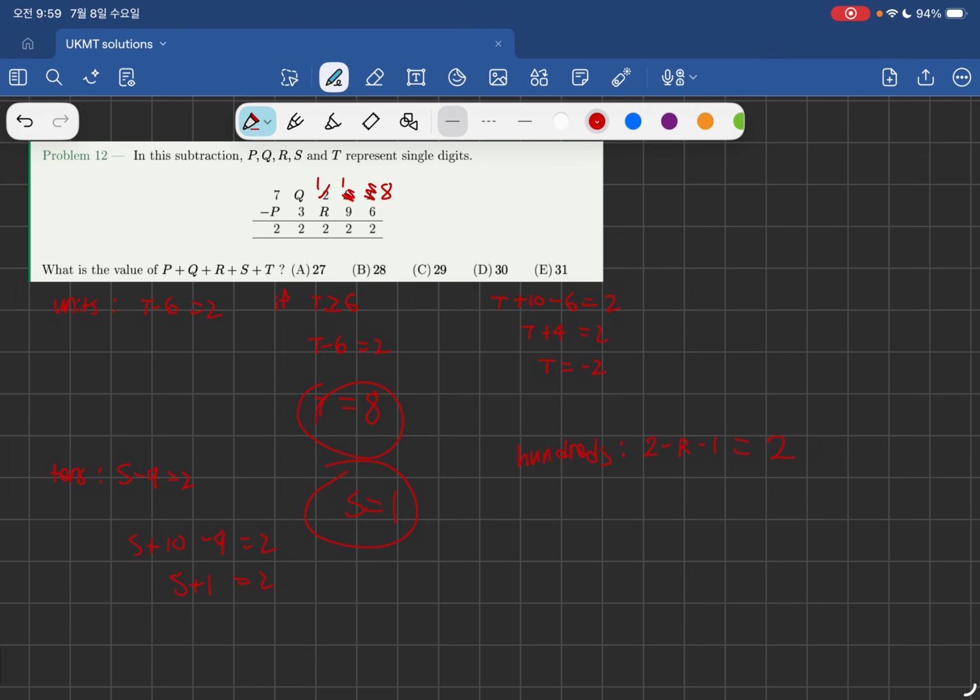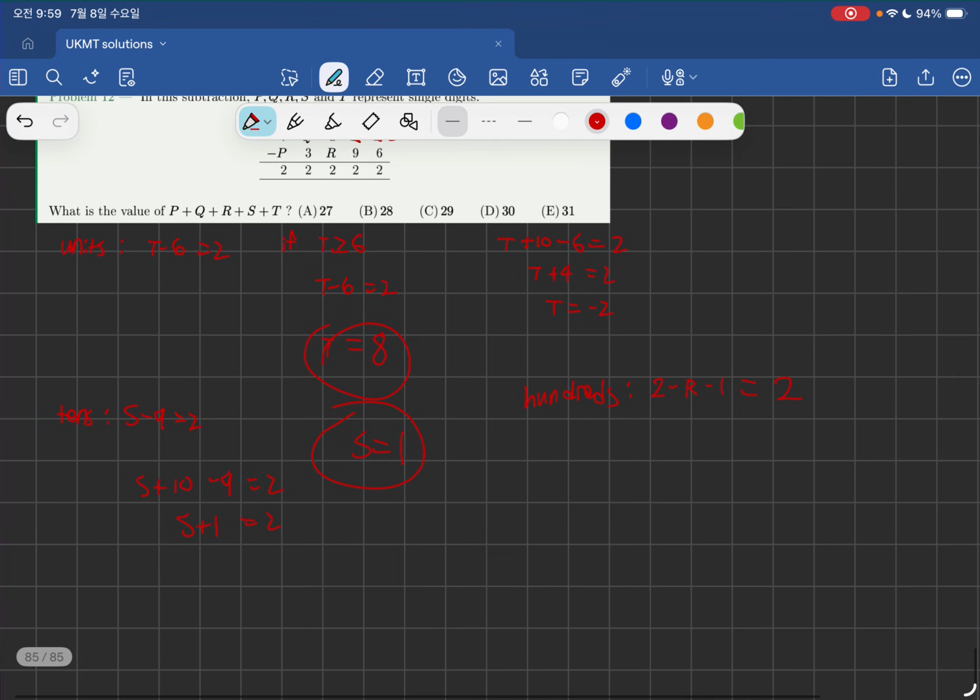Now, if we don't borrow, R becomes negative 1, so it is invalid. So we have to borrow again, which means that it is 2 minus R minus 1 plus 10 equals 2. So R equals negative 3 plus 2, which is equal to 9.